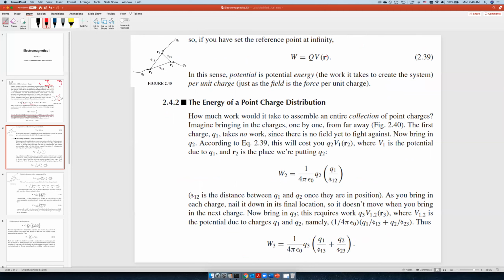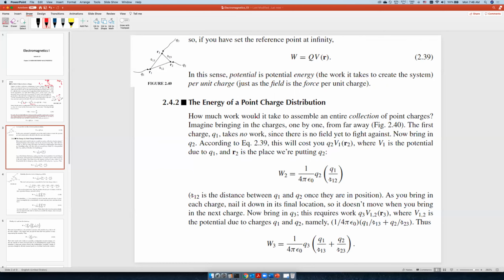R means when charge A and charge B, or charge 1 and charge Q, are at a distance of R. In this case, potential is potential energy per unit charge, because V equals W over Q. Okay, so that's the calculation for 2 point charges.